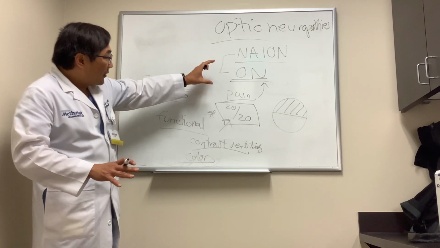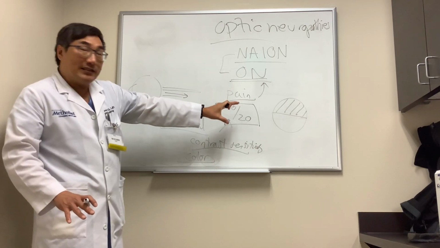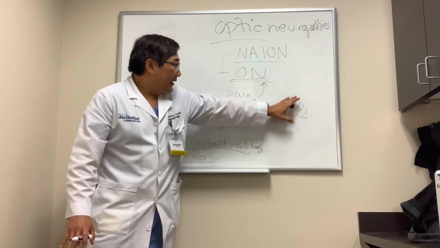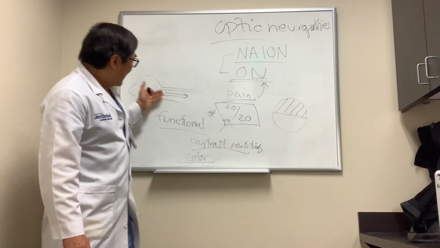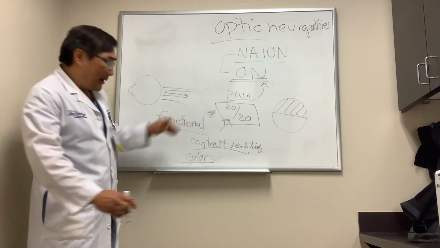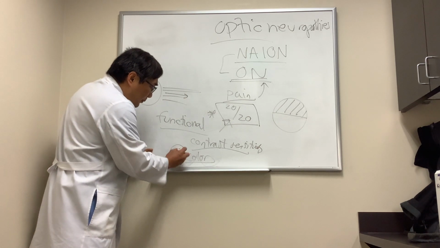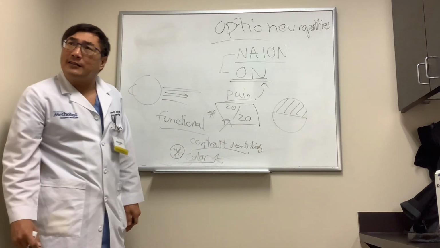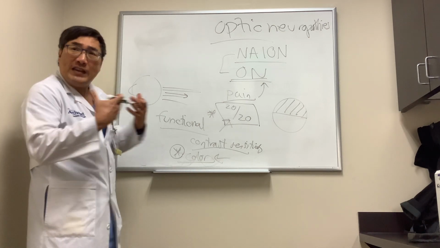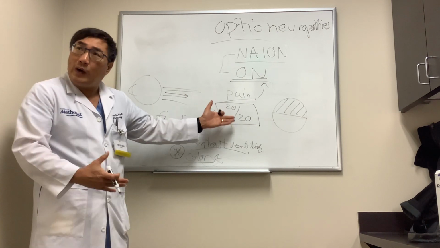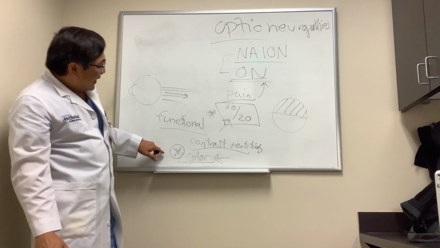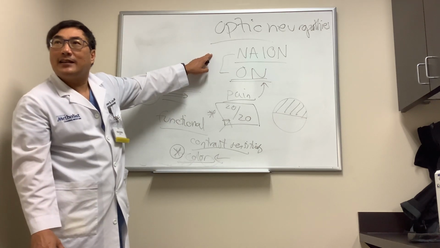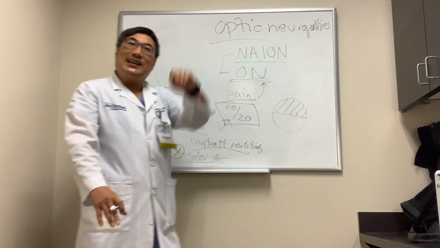But in optic neuritis, even if the field is not altitudinal, it's diffusely depressed because the signal's not being sent. And that means a high demand system like color differentiation might feel that even if you're 20/20 and you only have mild depression of the field, even though NAION didn't feel anything, because NAION still has half an eye.